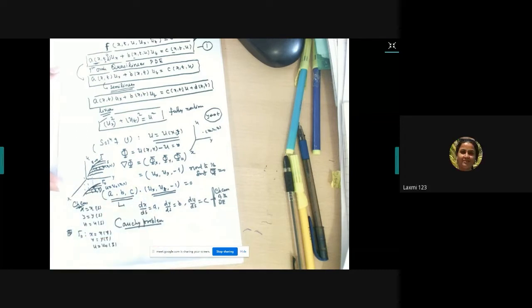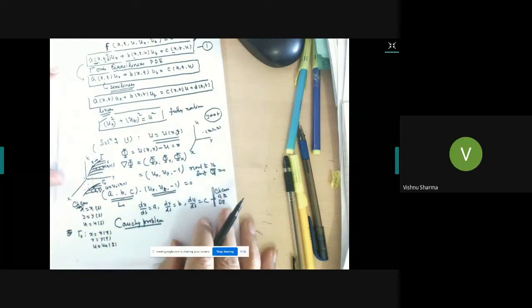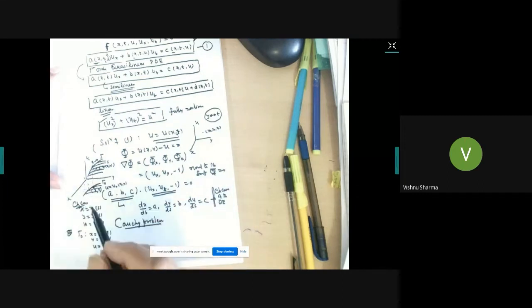Initially there was confusion between gamma and gamma naught, but there is no confusion; they are equivalent.